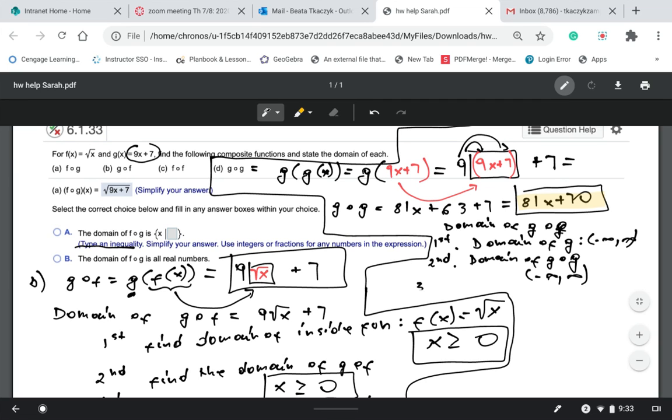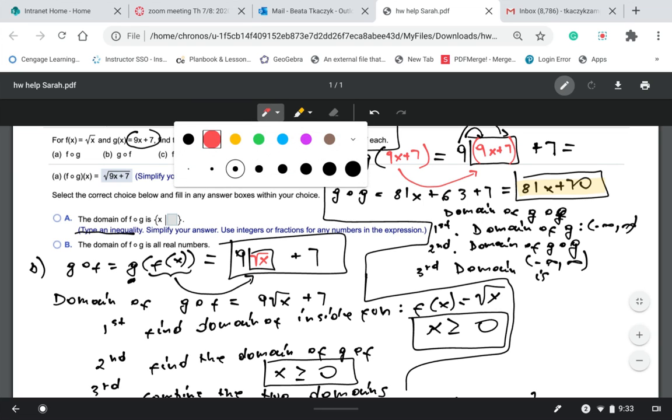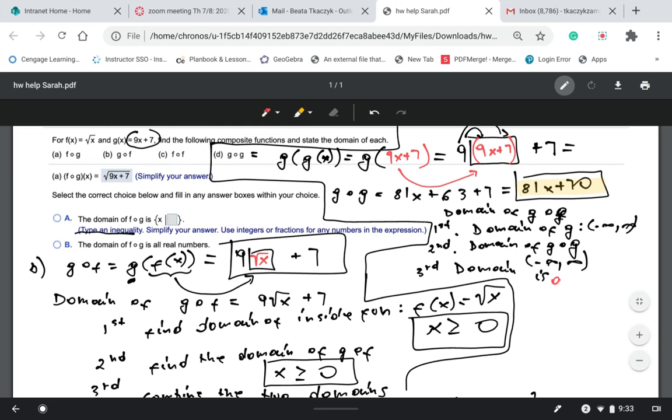So third, the final answer for the domain is, and you guys will select, all real numbers. So the answer for this one is all real numbers, which you will select as answer B.